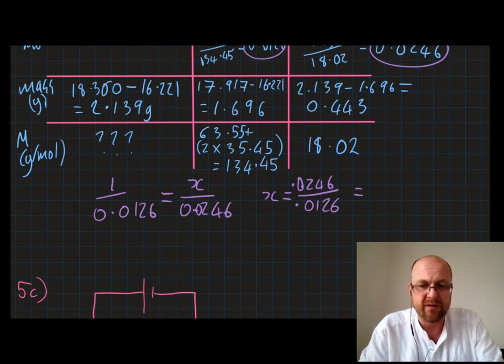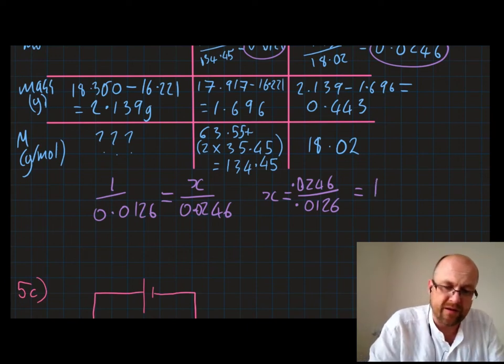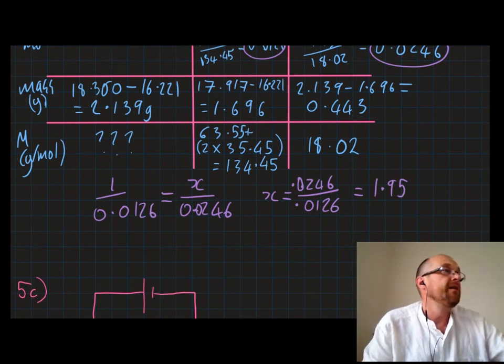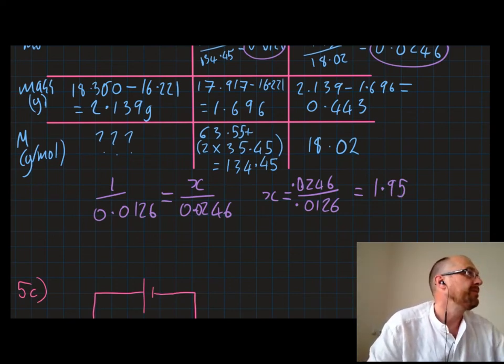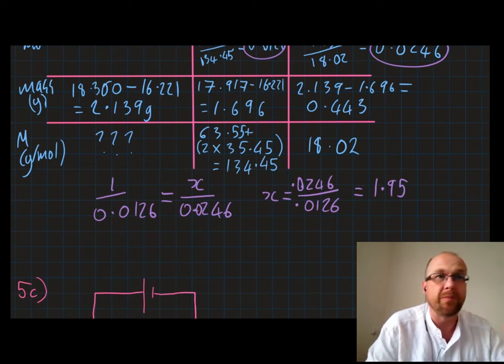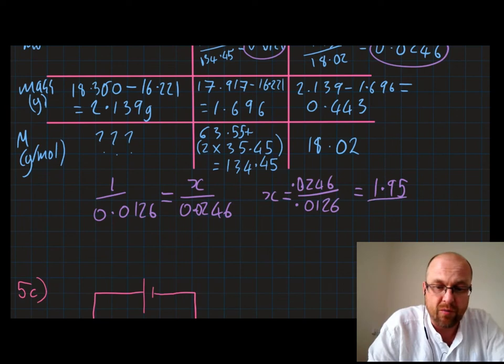It's about 2, isn't it? Yeah, so that's going to give me 1.95. Now 1.95 is possible. It doesn't have to be an integer. They'll accept it, but they were hoping you'd put 2. So 1.95 or the integer of 2.